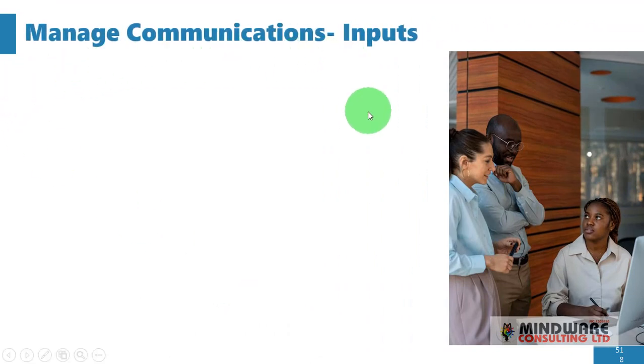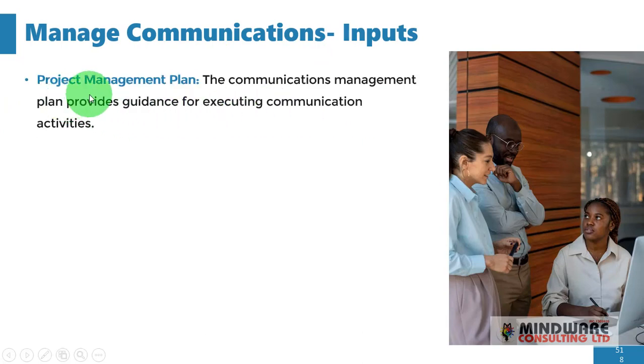So what are the inputs in managing communications? Firstly, you have the project management plan. In the project management plan, you have the communications management plan. By now you already know that the project management plan contains all the plans for your project: risk management plan, human resource management plan, quality management plan, cost management plan, scope management plan, all the plans for all the knowledge areas.